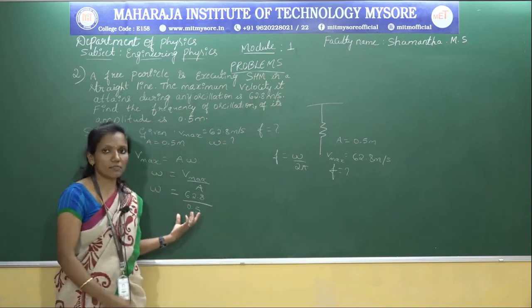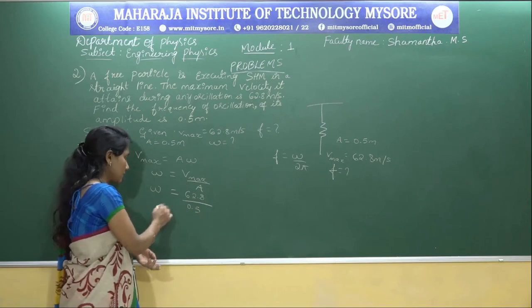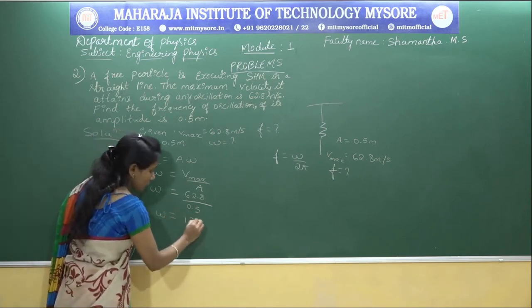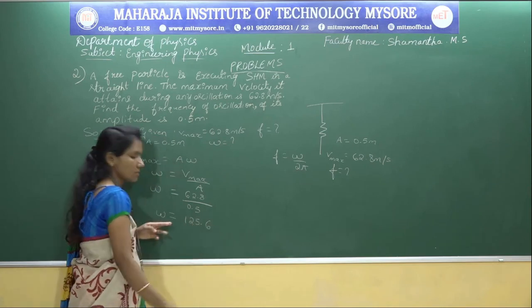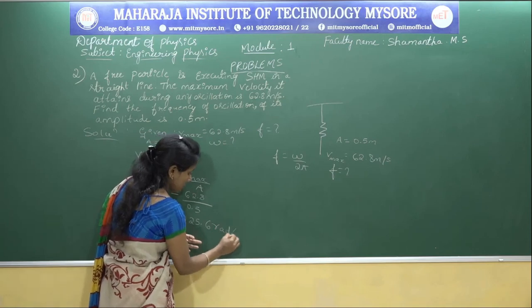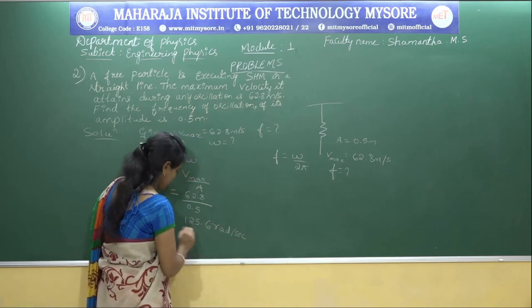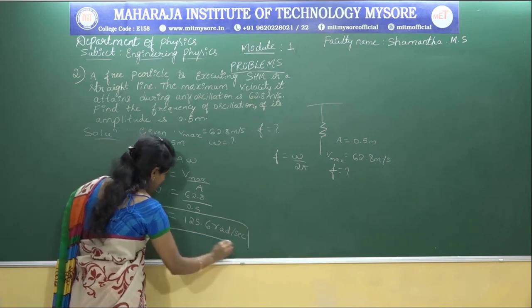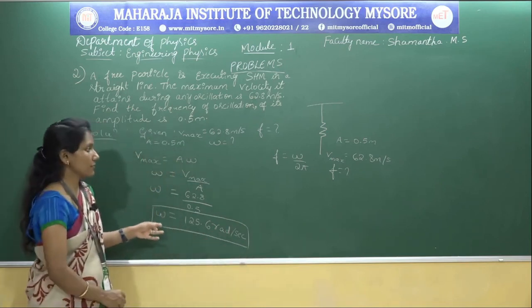Calculate this value by using the calculator, then we will get omega is equal to 125.6. What is the unit for angular frequency? Radian per second. So, this is the angular frequency.